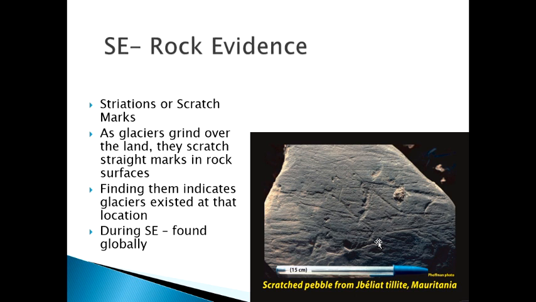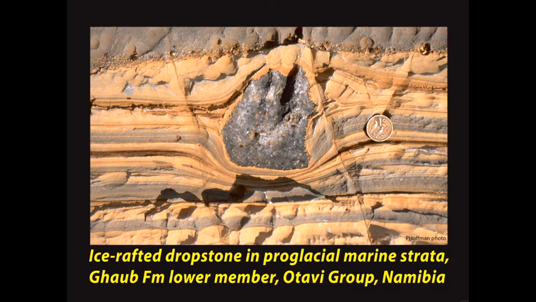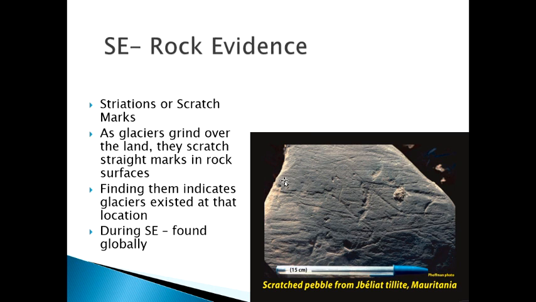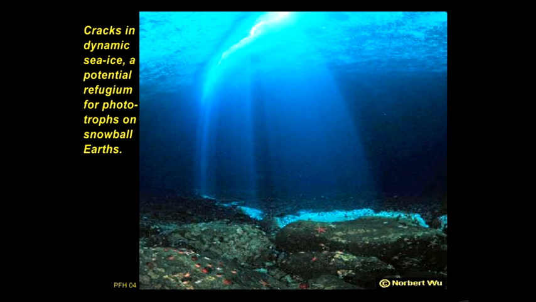It's picking up all these rocks and boulders, and meanwhile it's scratching the heck out of them, incorporating them into the ice. It moves out over the ocean, and then it drops them, bloop, and makes drop stones. So we have drop stones covered with striations. Great evidence that these glaciers existed over the ocean.